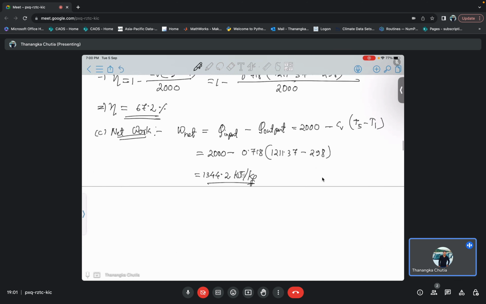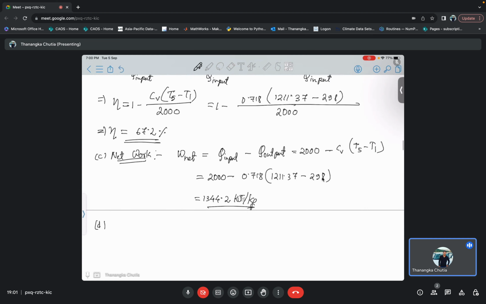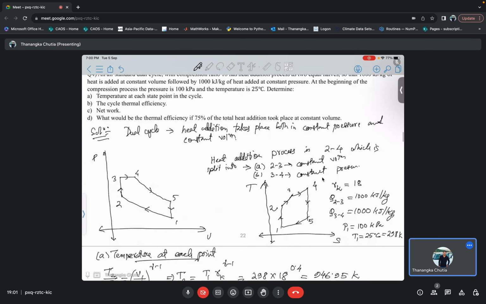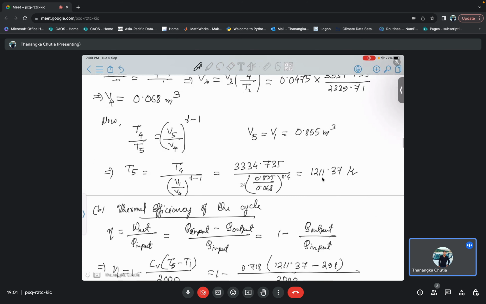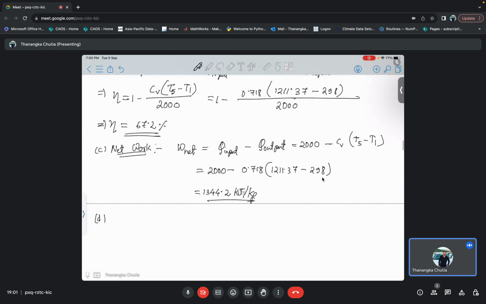Okay, now next it is asking for the thermal efficiency if 75% of the total heat addition takes place in the constant volume process.